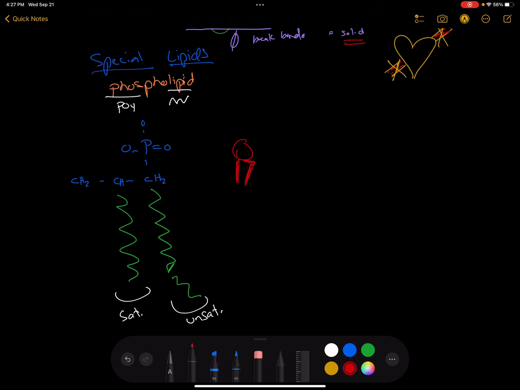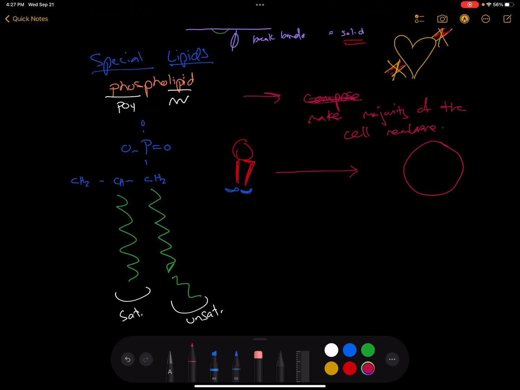Well, the reason we drew them like this every time is because we're showing the saturated versus the unsaturated fatty acid tails, which we need for a cell membrane, because phospholipids, their entire function is they make up the majority of the cell membrane. And so every time we draw that cell membrane, every time we draw that circle, it's really just a bunch of these repeating themselves.